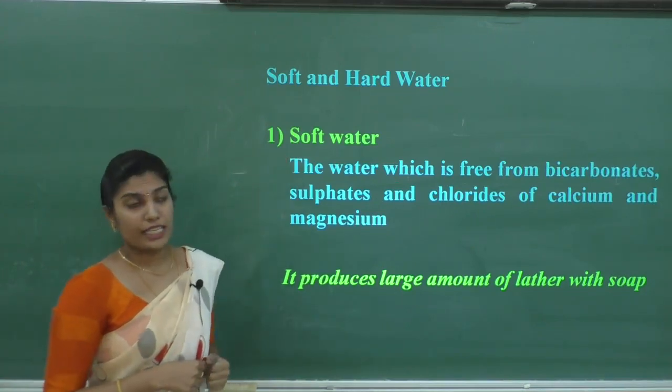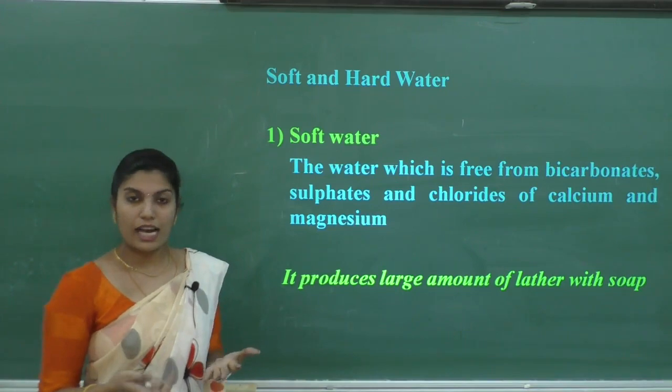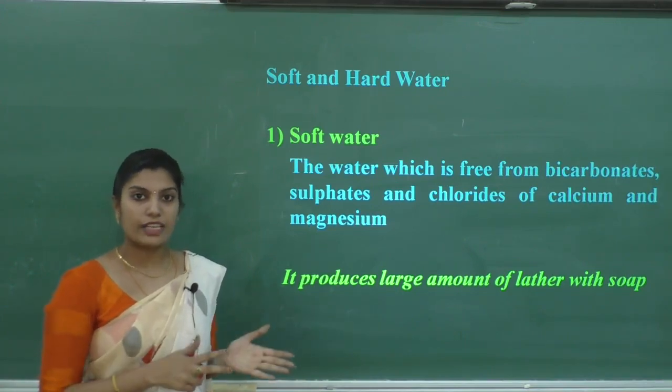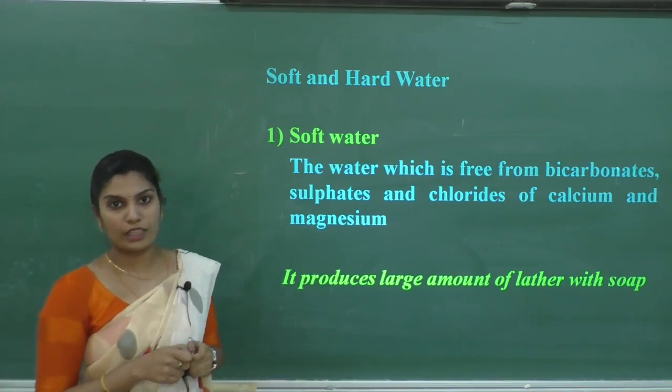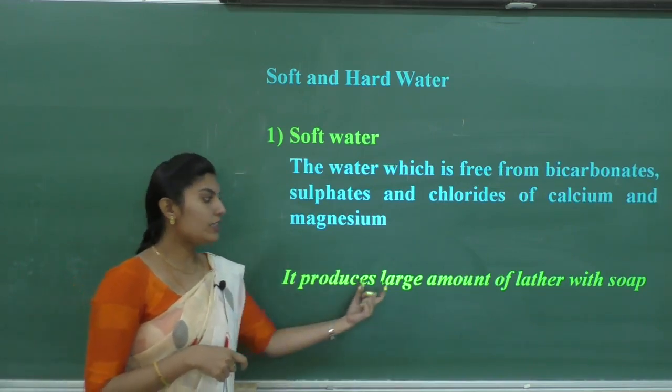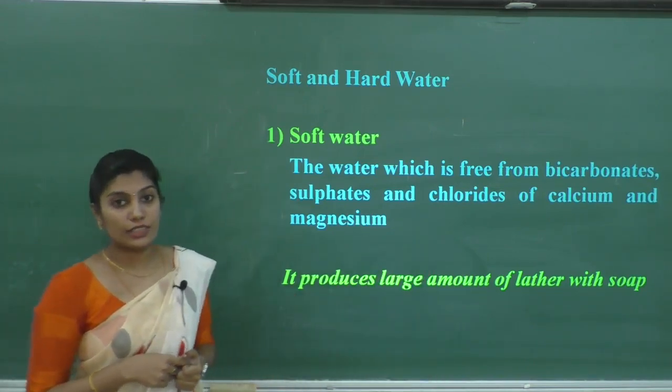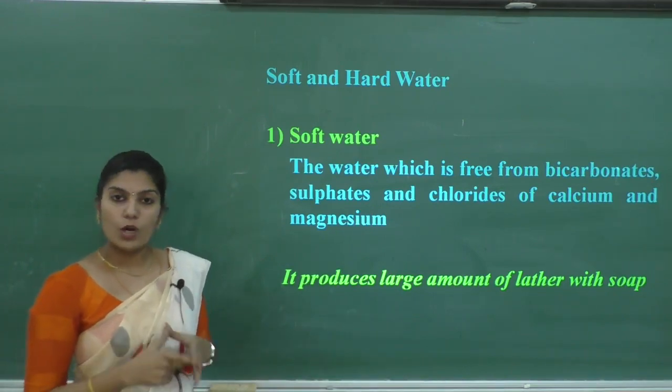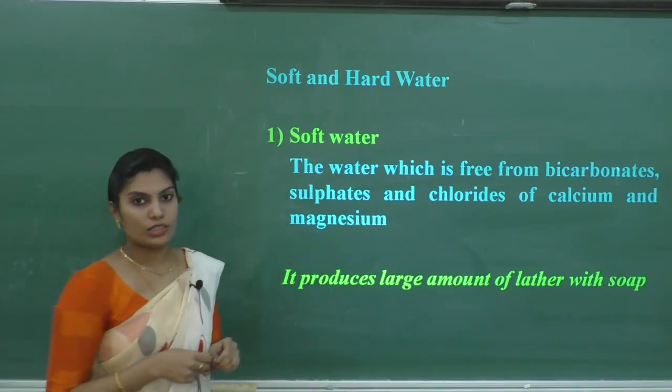What do you mean by soft water? Already I said that it is classified based on the formation of lather with soap. The water which forms a large amount of lather with soap is called soft water.